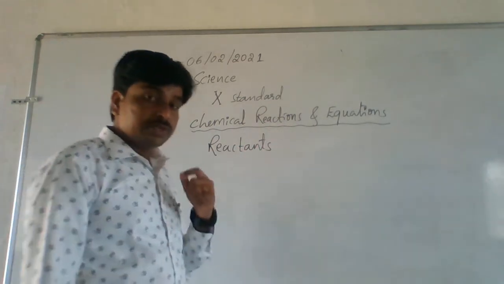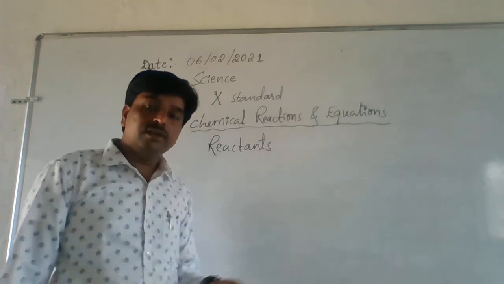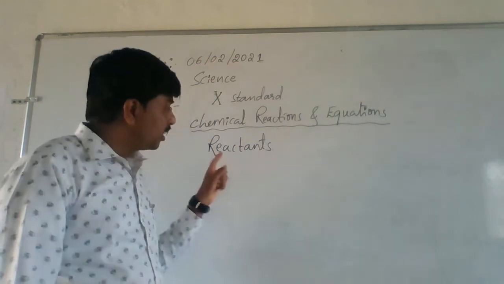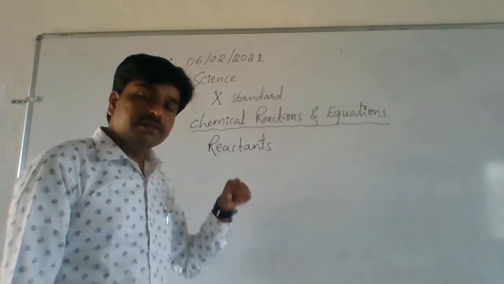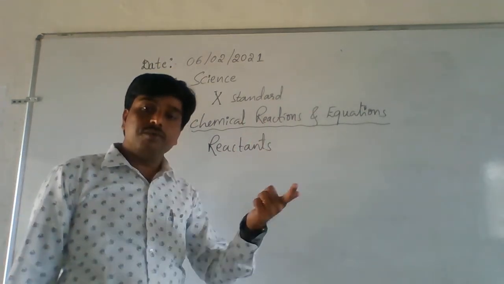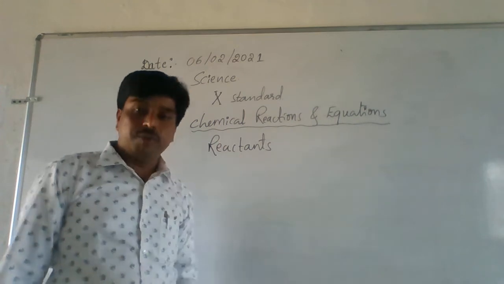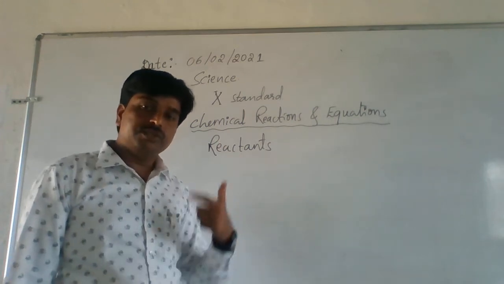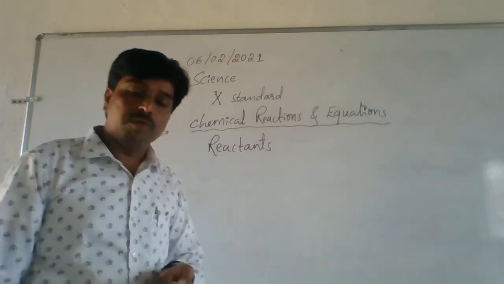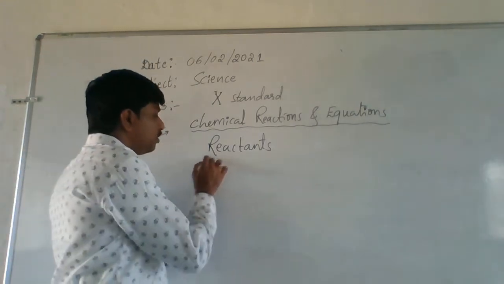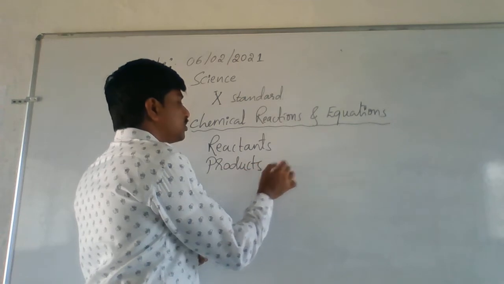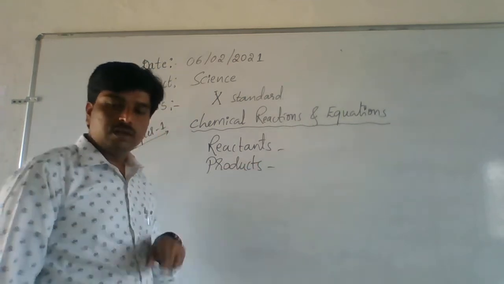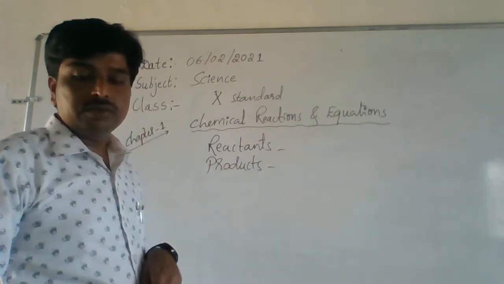Then the substances formed with a new property are called products. They are called what? Products. Clear or no? Try to know the differences once again.